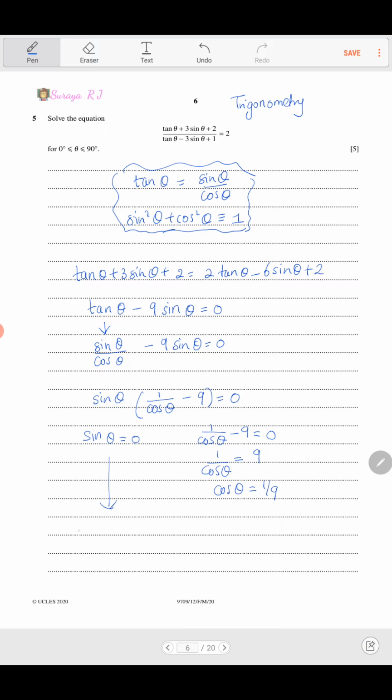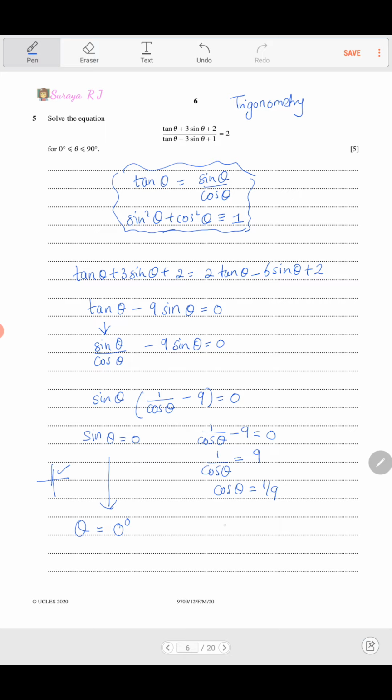So here, sine theta is equal to 0. For theta lying between 0 and 90 degrees, we consider answer only in the first quadrant. So theta is equal to 0 degrees. Sine inverse of 0 is 0 degrees.